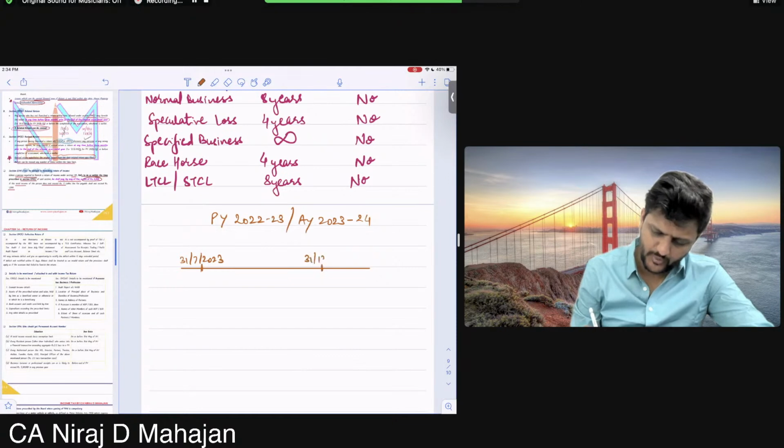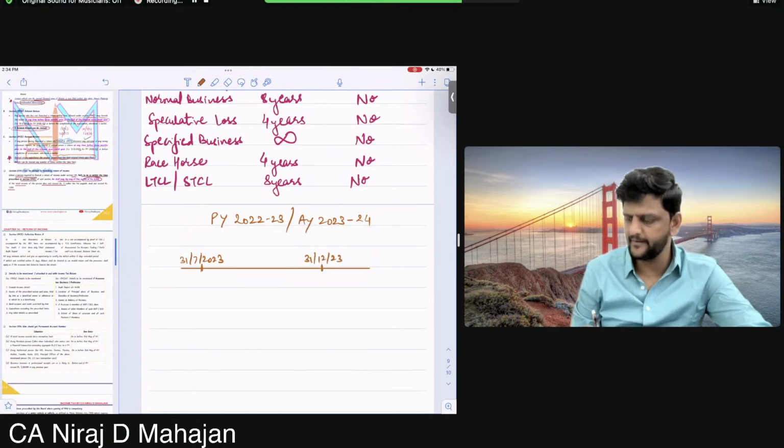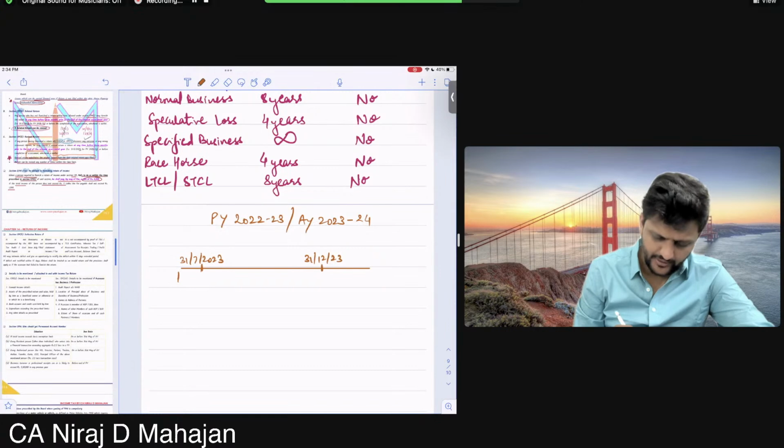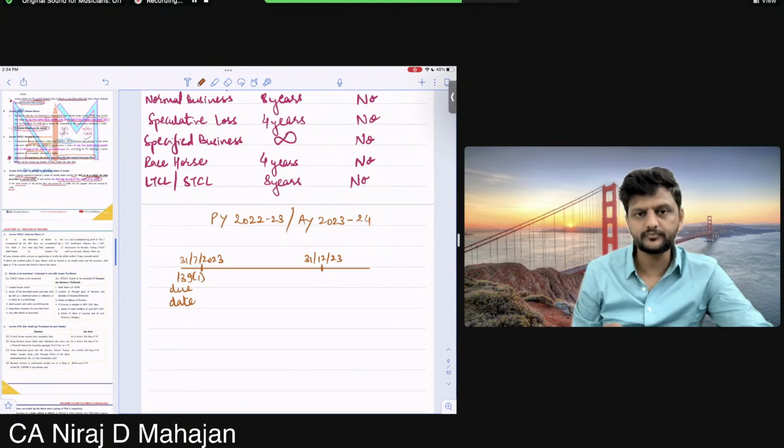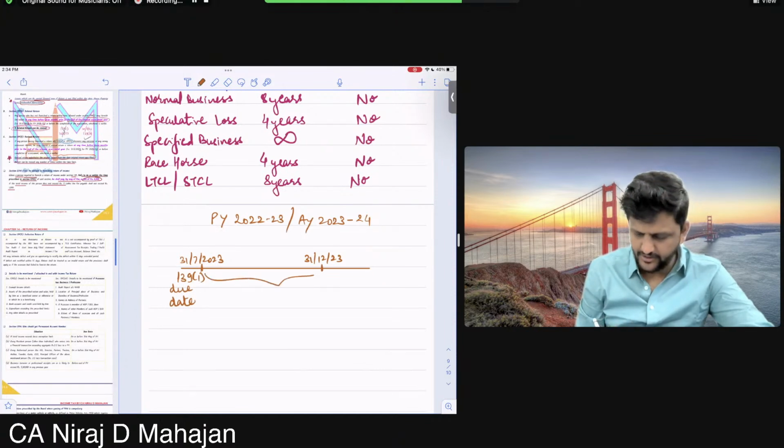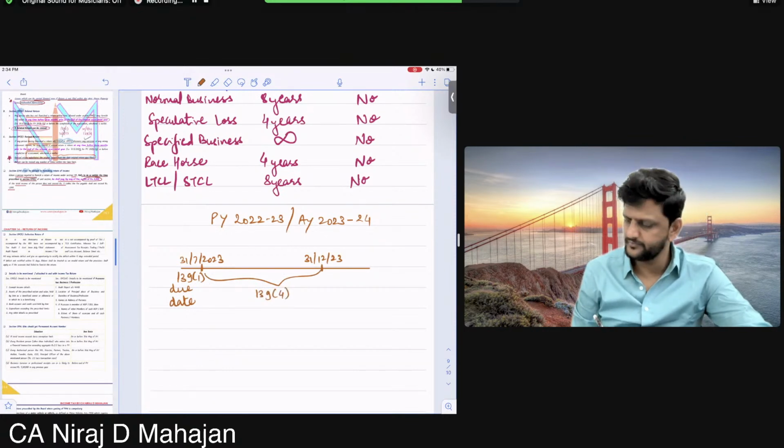So 31st December 23. Yes, this is your 139 one due date. है कि नहीं? If you file within this time period, then 139(4). है कि नहीं? Everybody?